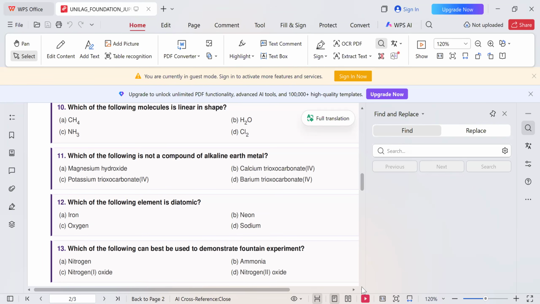Number 13, which of the following can best be used to demonstrate the fountain experiment? Now, the fountain experiment is one that is carried out in the laboratory. And why do we carry out fountain experiments in the laboratory? It demonstrates extremely high solubility of certain gases, such as ammonia and HCl. These are the two gases that we use in the fountain experiment, because of their solubility.